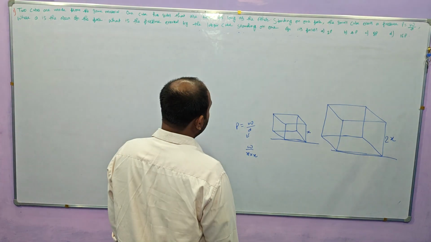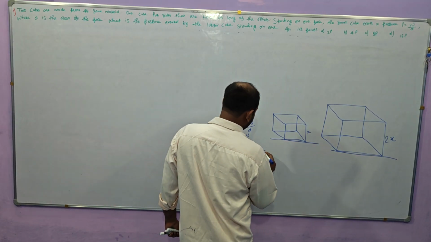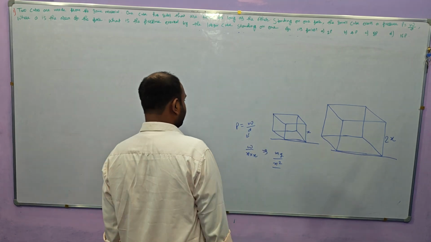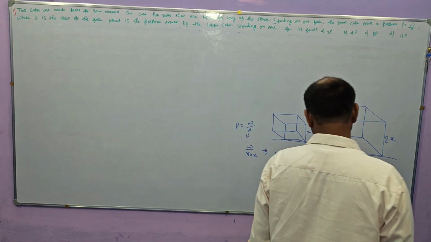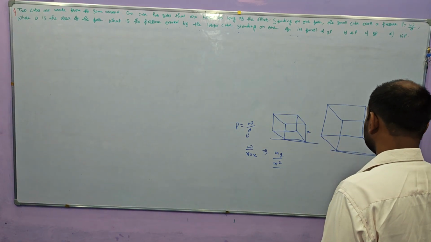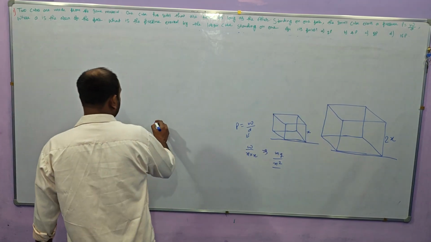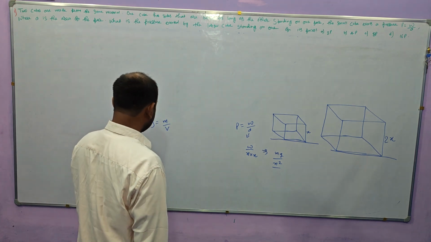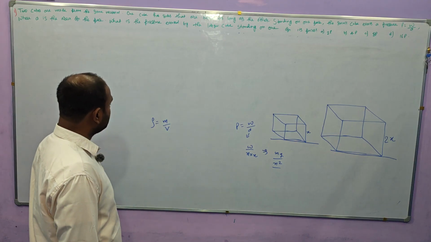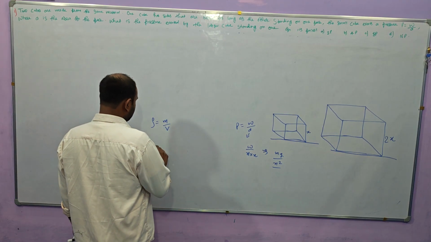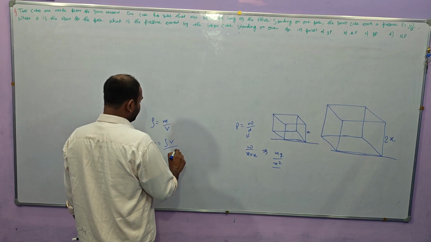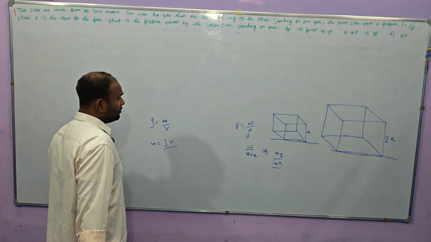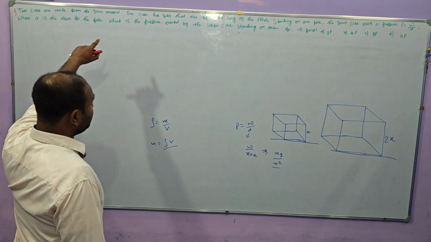So we need to find out W, which is basically mg, and we know rho is equal to mass upon volume, then mass is equal to rho into V. And we know the two cubes are made from the same material.